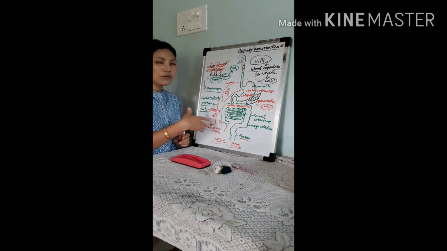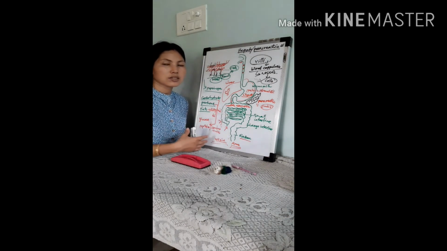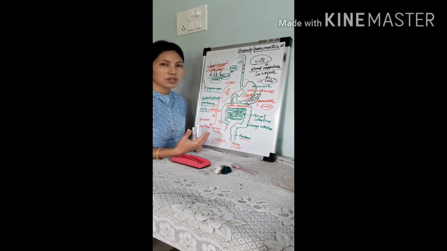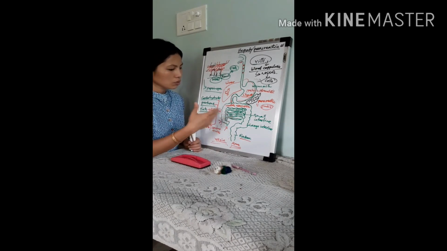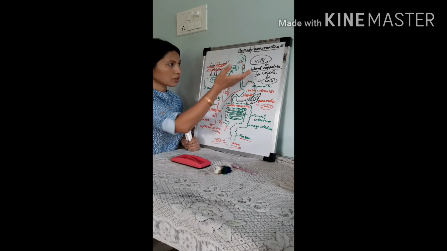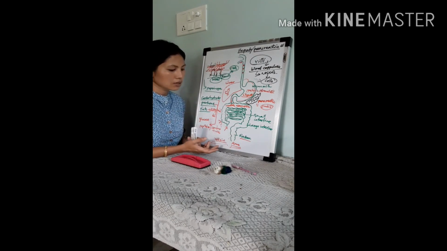So in this way, finally, in the small intestine the food is completely broken down and absorbed. So from this part also, a question can be asked that way, the role of villi.